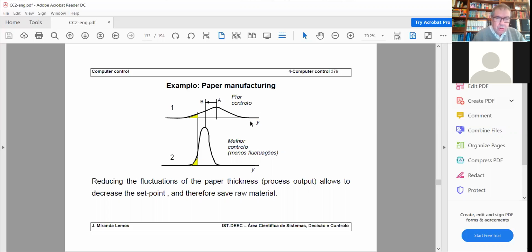Now, if you make a contract to produce paper of 80 grams per square meter, you don't just say, I'm going to always produce paper of 80 grams per square meter. You are going to say, 90%, and this is just a number, for example, 90% of the times I will be producing at least 80 grams.